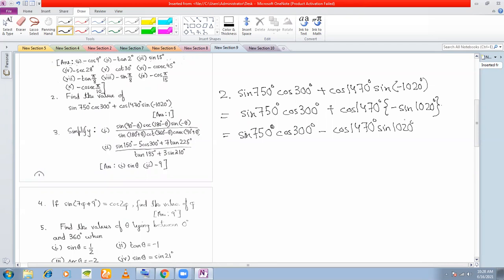Once you make all the angles positive, now we'll divide everything by 90 degree. All the angles will divide by 90 degree.